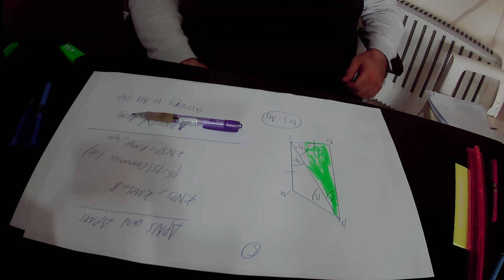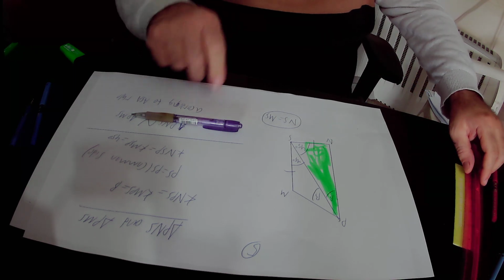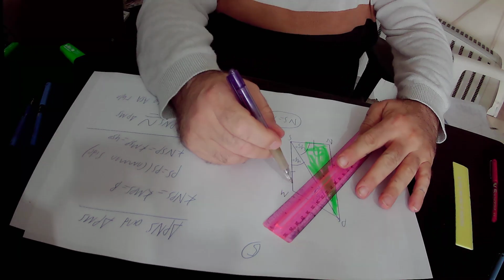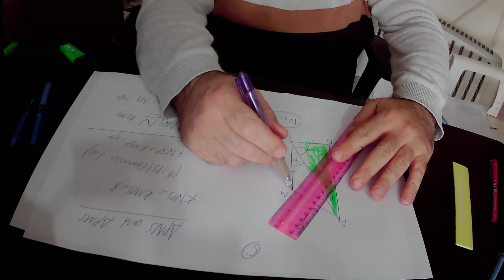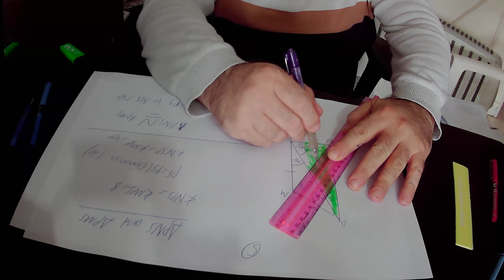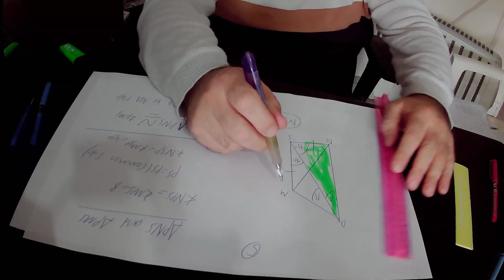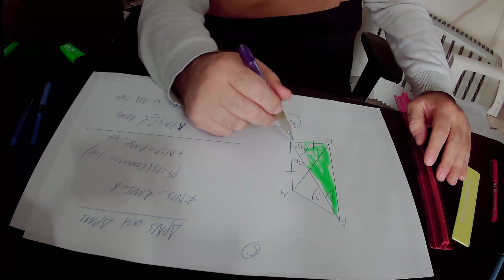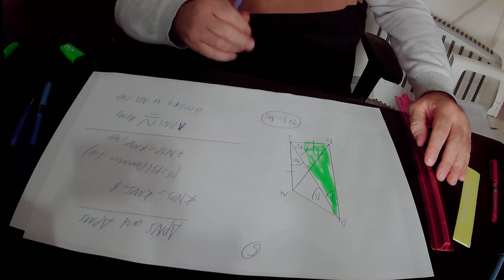So we'll join points N and M together by a straight line, and I will draw the right triangle NSM on a new page.